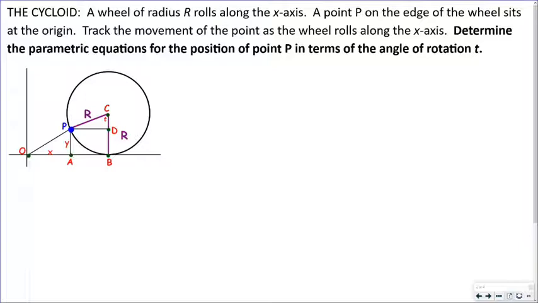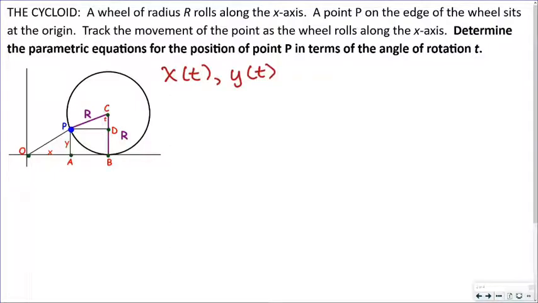So I've labeled some things in the diagram here. Again, our goal is a set of parametric equations for the position of point P, which will give us the formula for the cycloid. And again, we're looking for x of t and y of t.